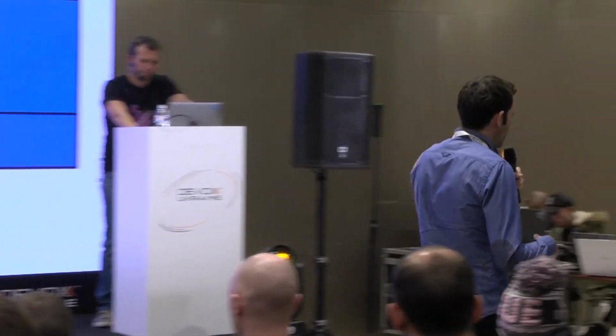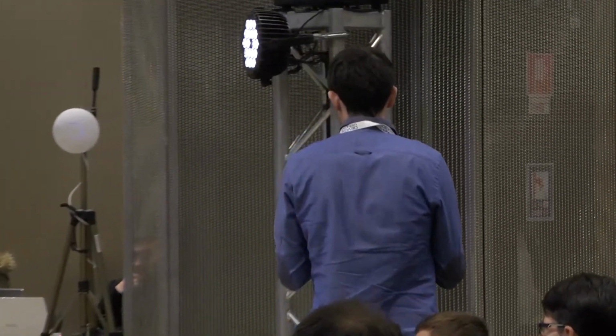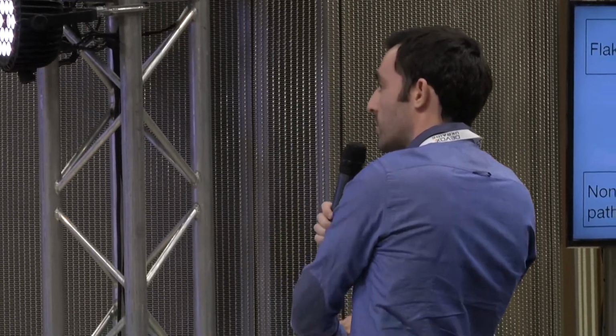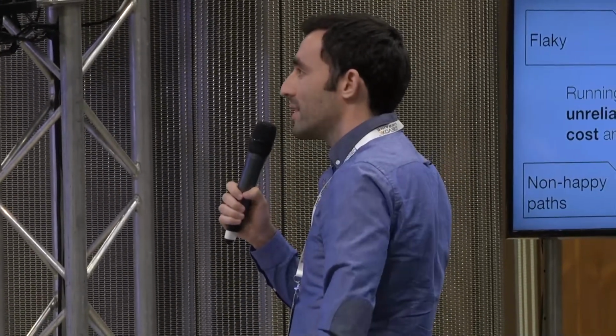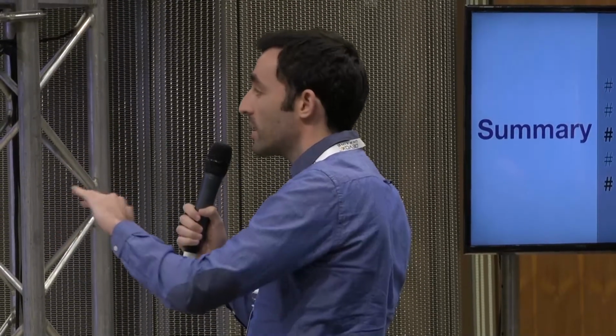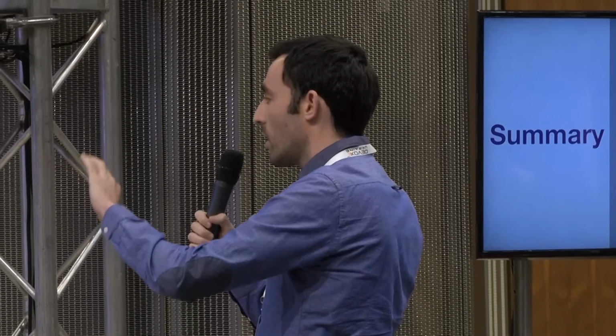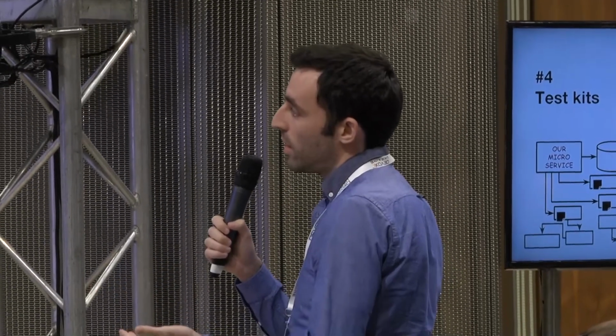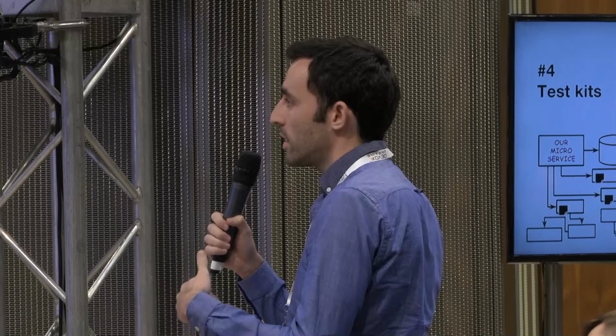In one of the slides you mentioned that you stop with the test kit and don't go further for other transitive services. My question is why? Why not have, like we have in the hexagon, all of the logical parts talking to one another in memory, and then you have reliable testing, and it's also fast?